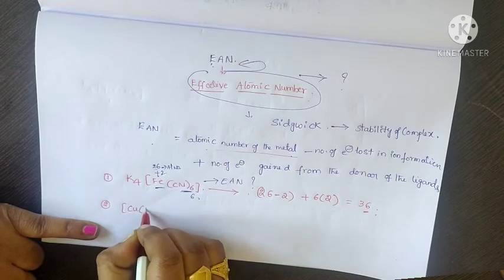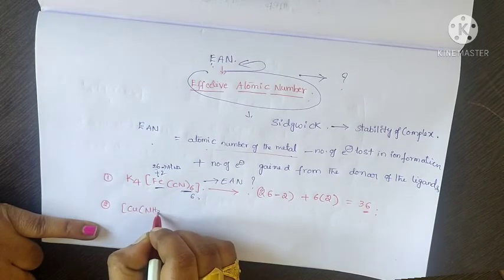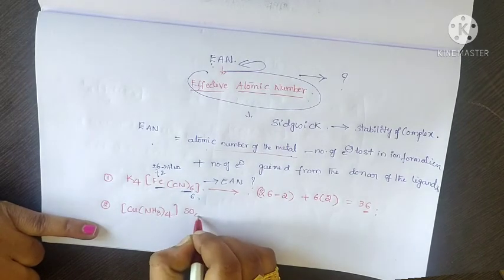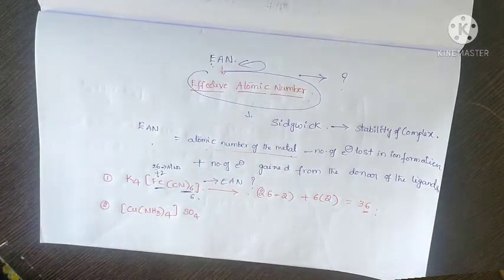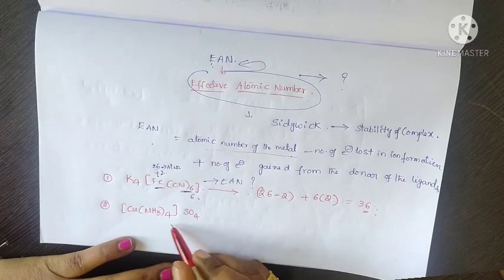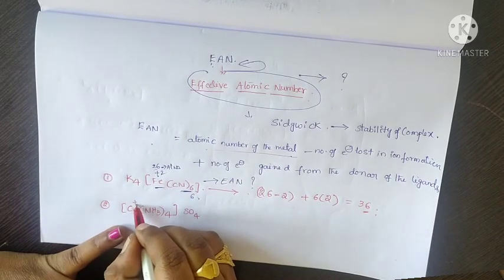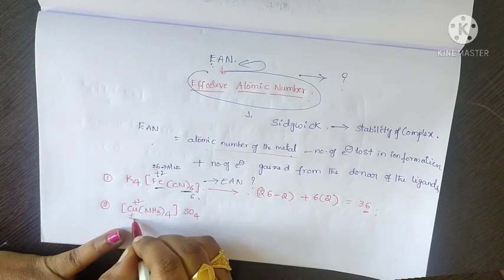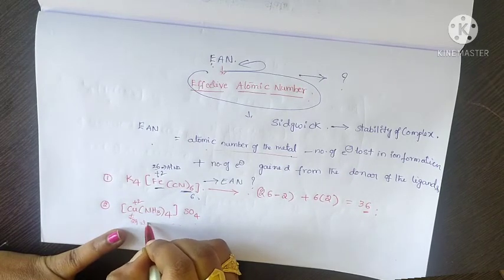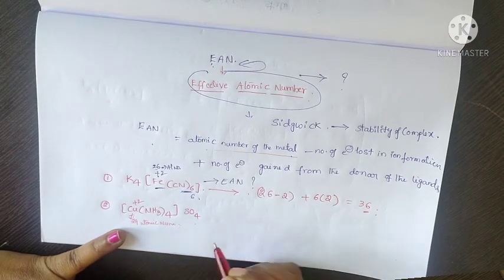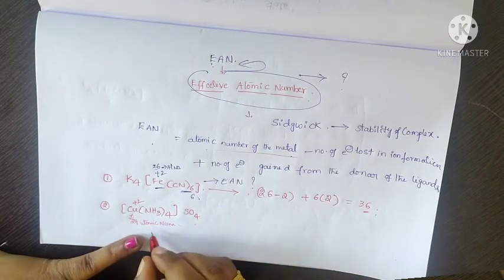And next one is CuNH3 4 times SO4. So in this complex, the oxidation state of the copper is +2 and the atomic number of the metal is 29 and the coordination number is 4 because the number of ligands is 4 and NH3 is a ligand.